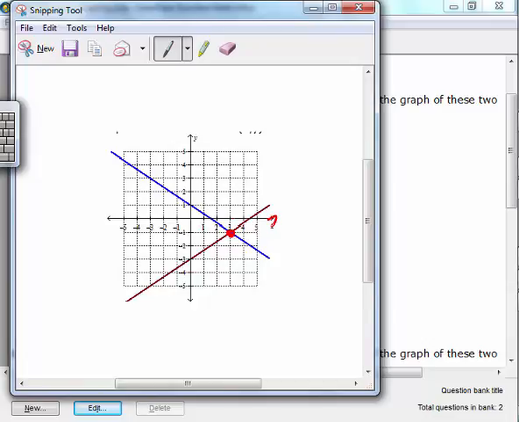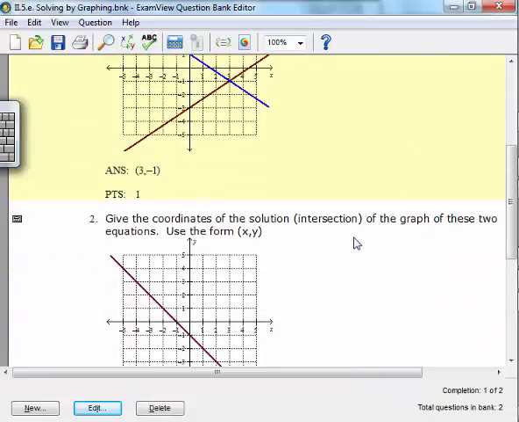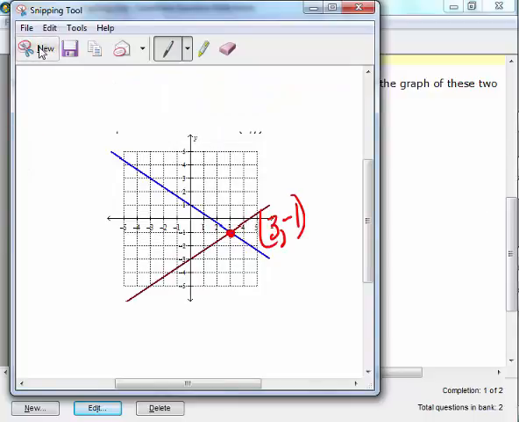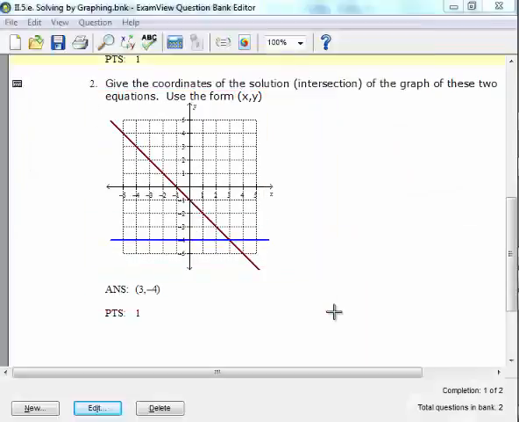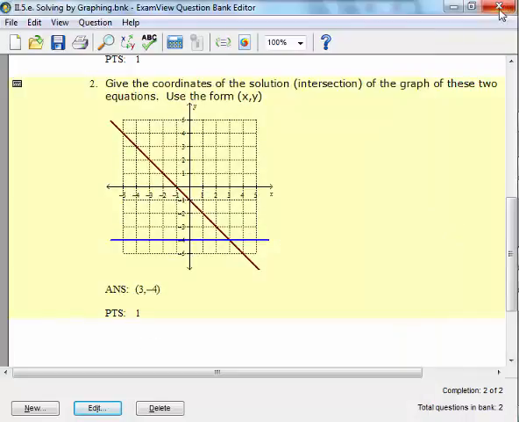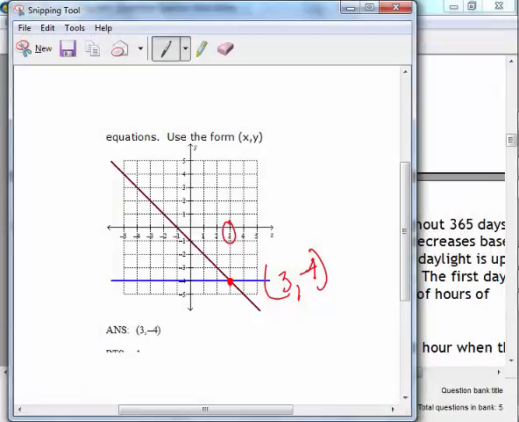Well, we go forward 3 and we go down 1. So that's one way that we can do it. Let's look at another example. Let's look at this one right here. So on this one, what are the coordinates of the spot where they cross? So I put that dot there just to help me see what they are, and we go forward 3, and from there we go down 4, so it's over 3, down 4. So that's another way that we can do it.